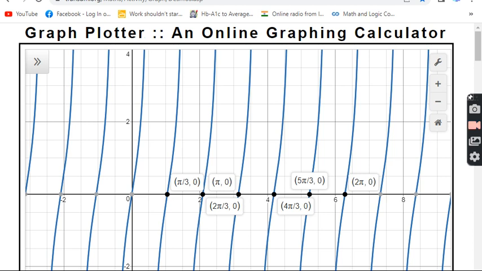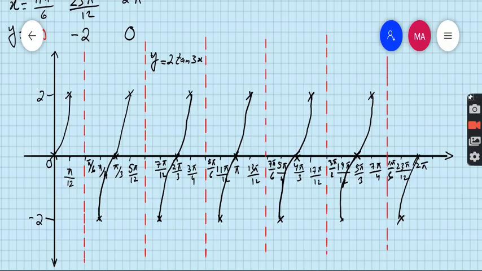Plus in this graph plotter, the asymptotes are not given. So just see all the blue lines and compare with your graph. You can see that our graph is good. Not very good, I would say. You students can draw a more accurate graph because you have pencil and scale, and I am drawing this digitally, so there are some mistakes.